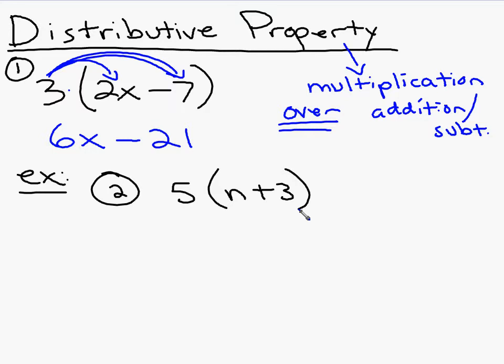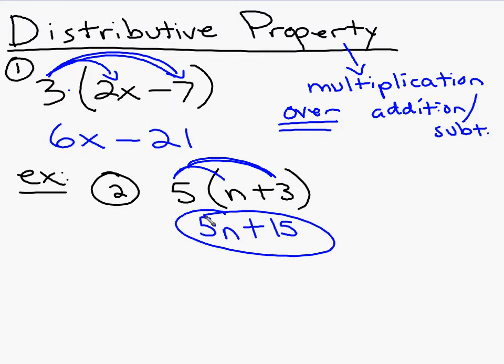Well, we distribute the multiplication over top to each of these terms. 5 times n is 5n plus 5 times 3, which is 15. Are 5n and 15 like terms? They are not like terms, so this right here is your answer.